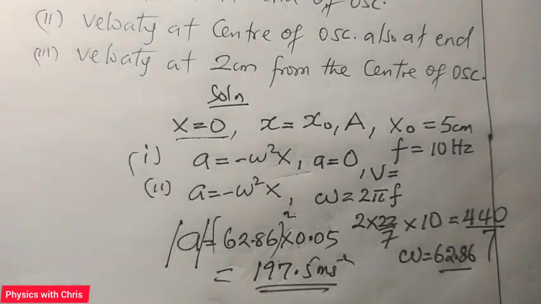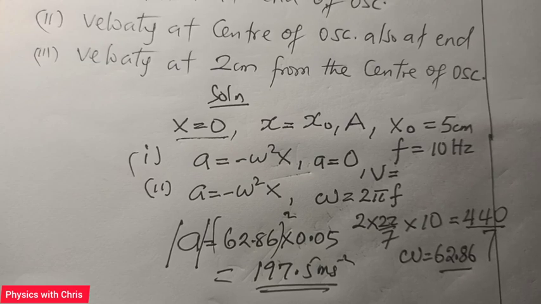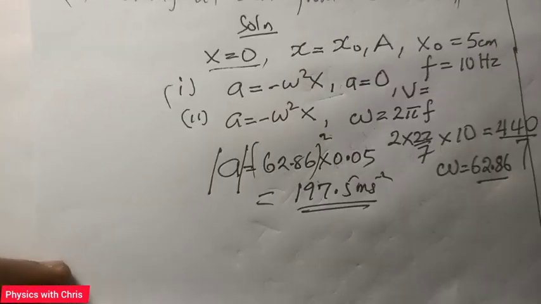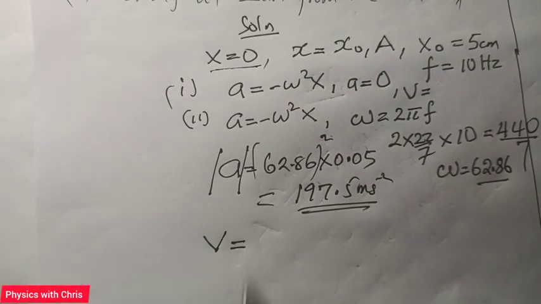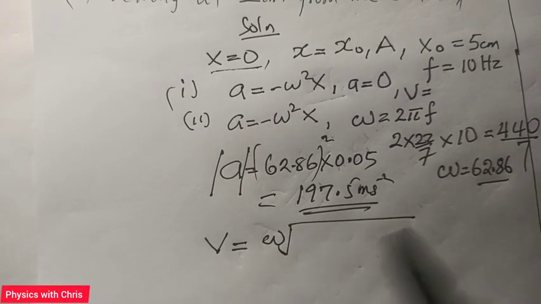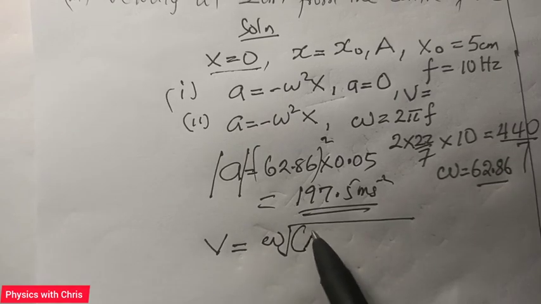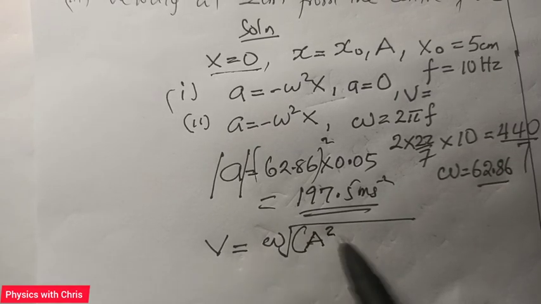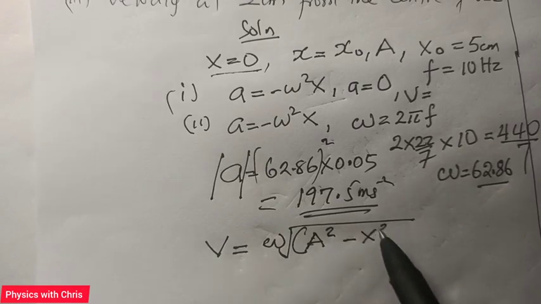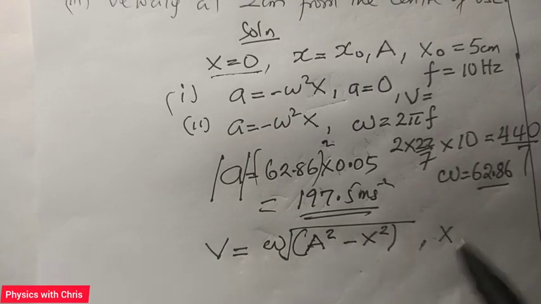The next question asks us to calculate the velocity of this body at the center of oscillation. I already said that at the center of oscillation, the displacement is 0. Now, what is the velocity equation? In my other video, I wrote it as v equals omega times the square root of amplitude squared minus displacement squared, using A for amplitude. At the center, x is equal to 0.